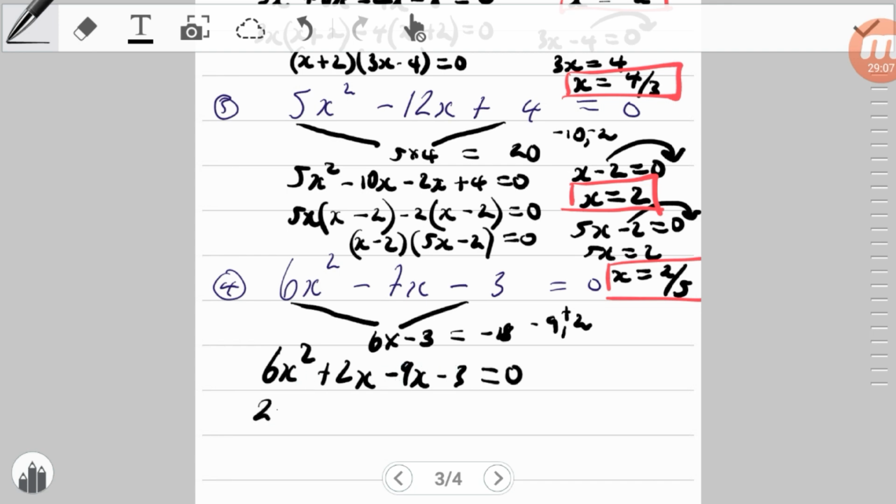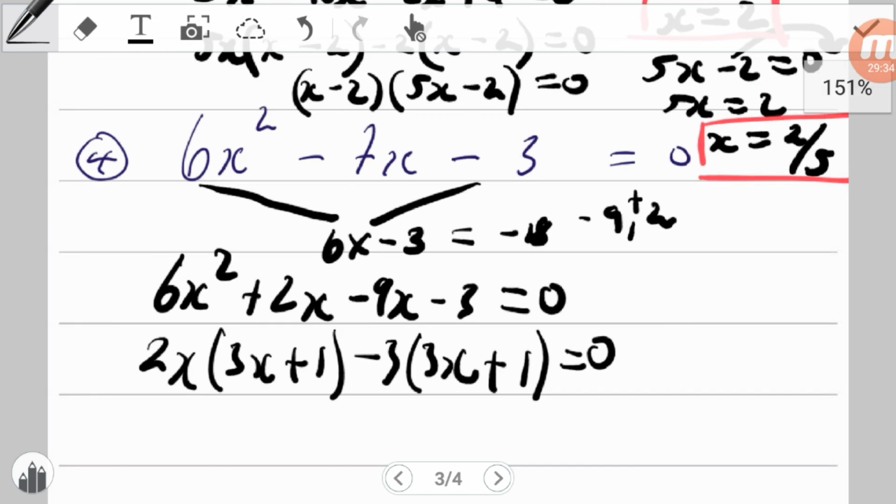Common factor here is going to be 2x, obviously, and 2x into 6x, well, 2 into 6 goes 3 times, and x into x squared goes x times, and 2x divides into 2x goes 1 time. Common factor on the right side here is going to be minus 3, and minus 3 into minus 9 goes 3 times along with the x. Minus into minus goes plus, 3 into 3 goes 1, that's equal to 0.